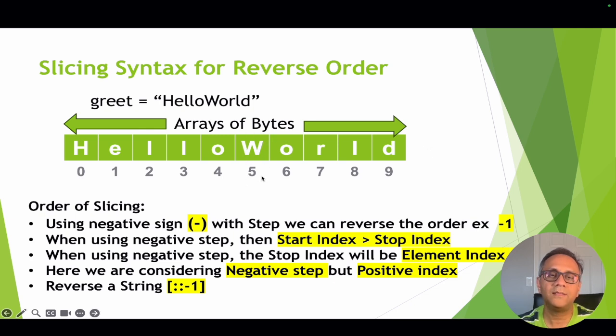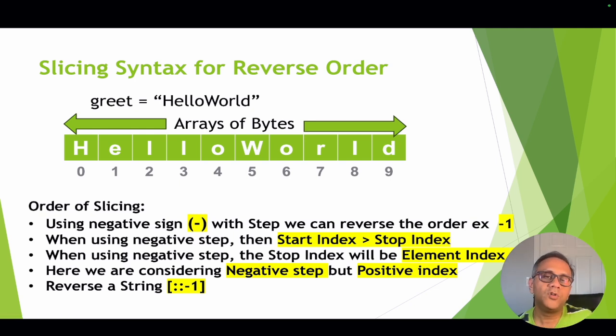So the index will be 5. When we are going left to right, with the positive step, we do +1 for the stop parameter. But when we are going right to left, we need to do -1. So stop will be 5 - 1, which is 4. So your start parameter will be 9, colon, stop parameter will be 4, and your step will be -1. Then you will get the reverse of the word here.